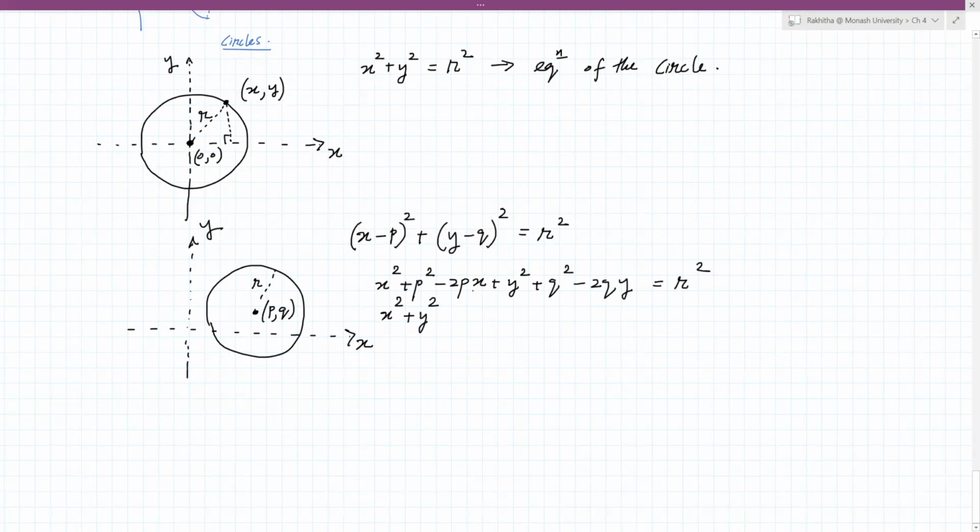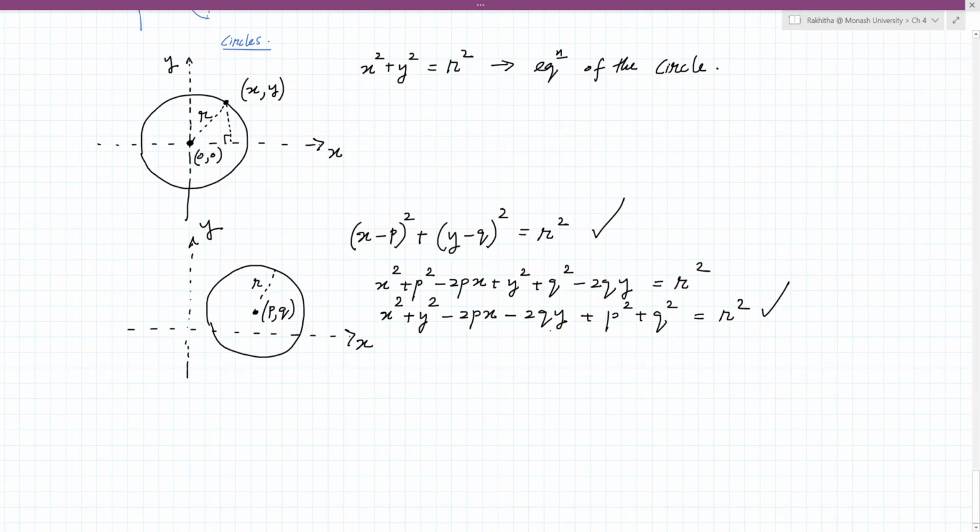Then the terms with x to the power 1, which is minus 2px, and here minus 2qy. Then the constant terms, plus p squared plus q squared, is equal to r squared. Right. So likewise, you can simplify this. So this will be the equation for this circle.